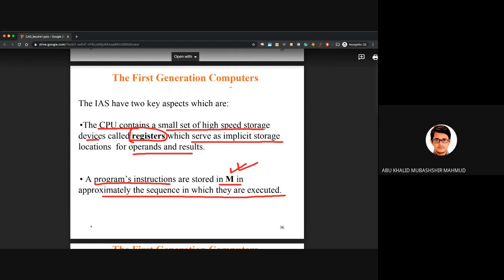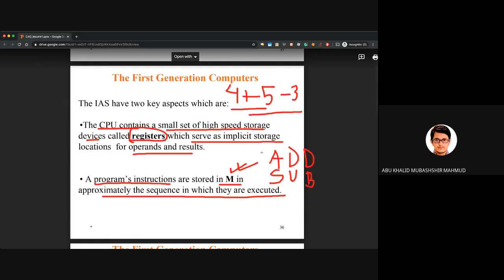For example, we want to execute this sequence. At first we need to do this addition, and then with the result this subtraction. So this program instruction should look like this. First we store the addition, and then we store the subtraction.